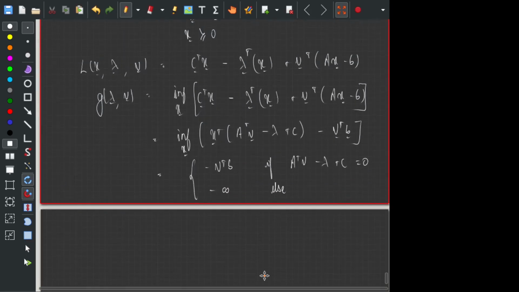So what can you say about the maximum of g of lambda, v?